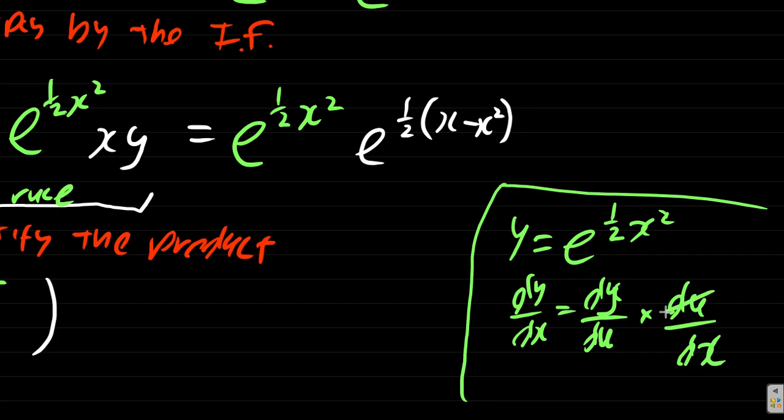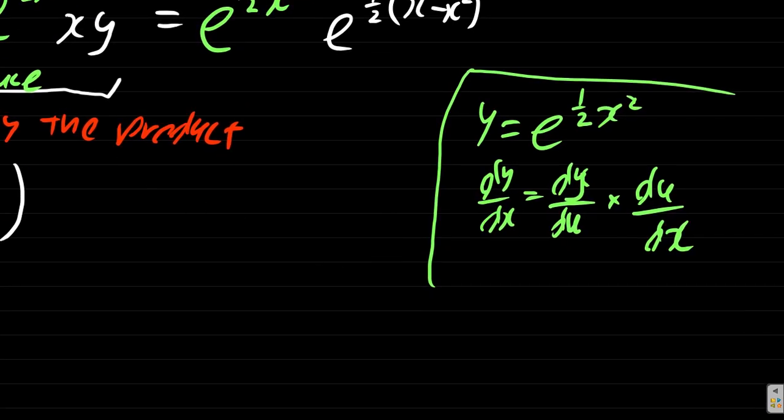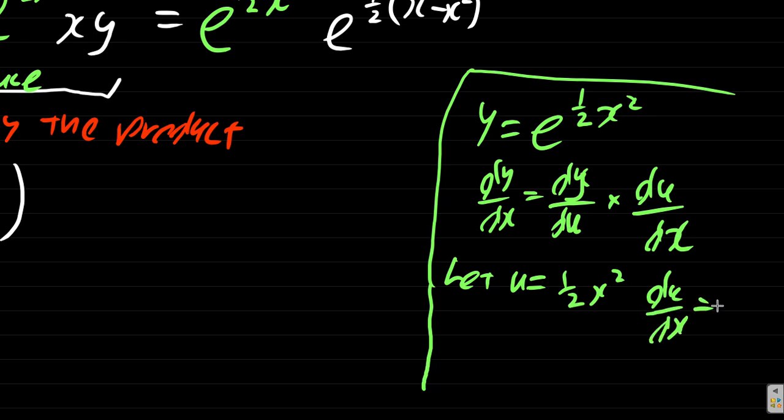Notice the du cancels du here, leaving dy over dx, which is dy by dx, right? So we need to find some type of substitution u. Let u be equal to half x squared. So du by dx equals what?